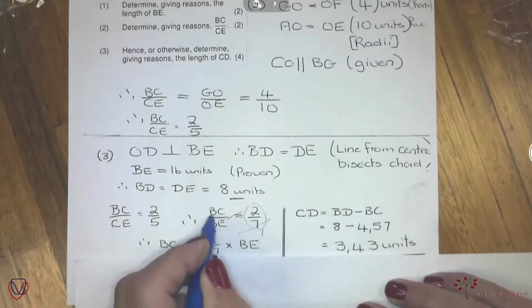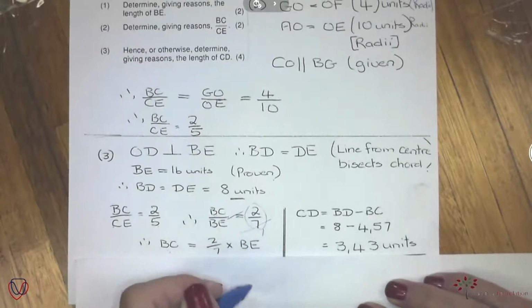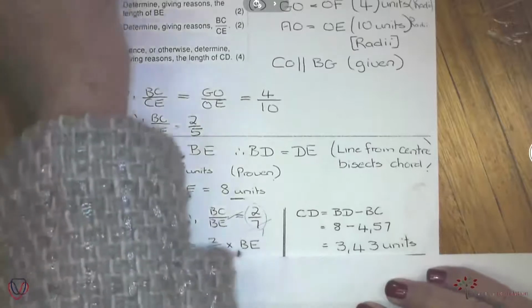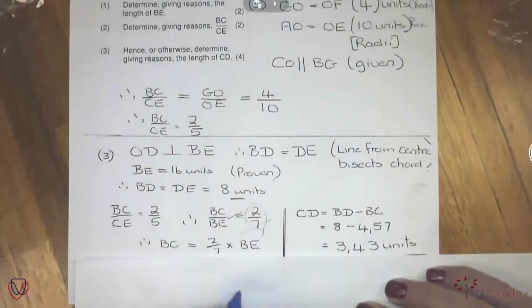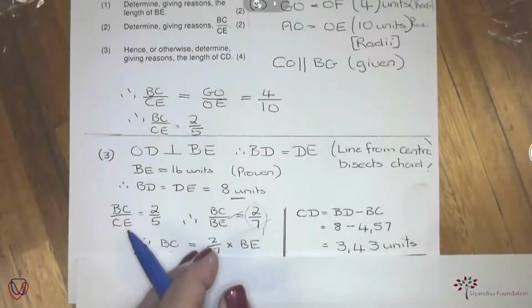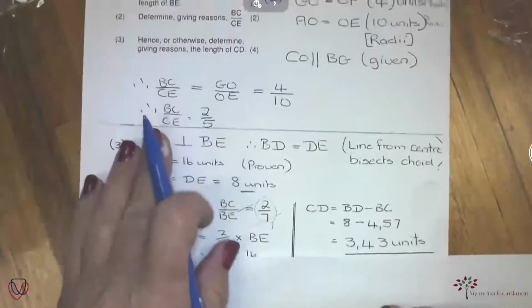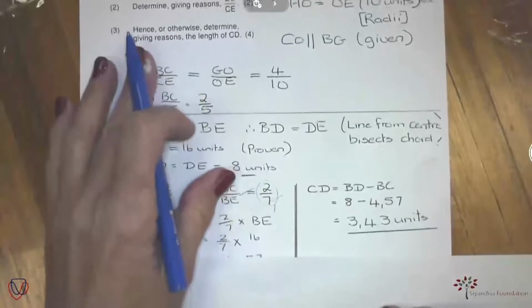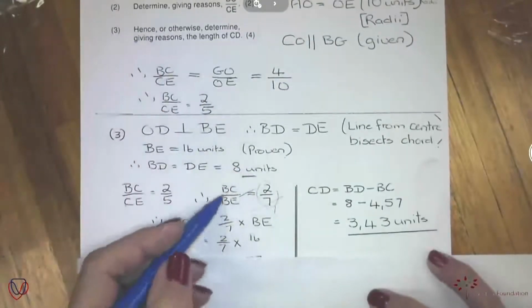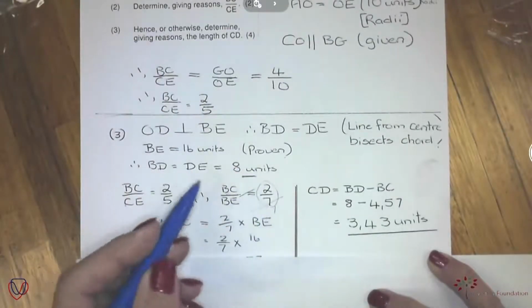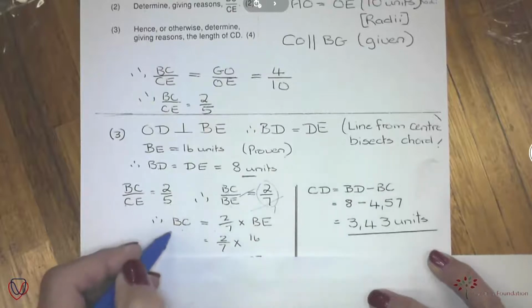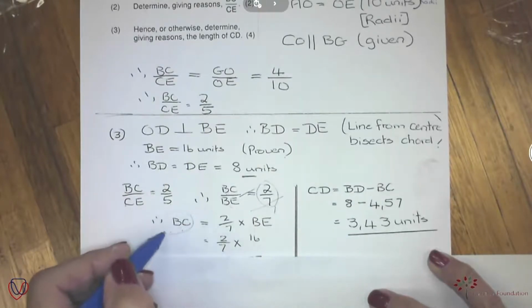We want BC, so that we can subtract it from that 8 to get CD. So we're going to work with half of the line BE, or the chord BE. So BC over BE is 2 over 7. Then I cross multiply, and I put my BC on the one side.